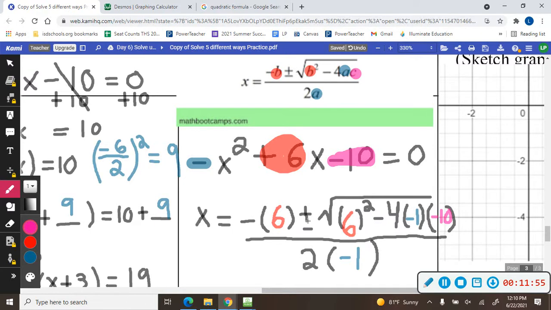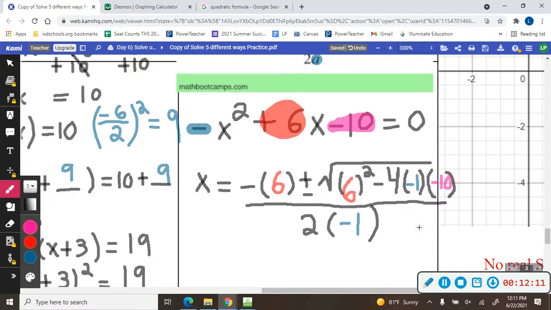Now this part, negative times negative times negative would be negative. 3 negatives make a negative. 6 squared is 36. 4 times 1 times 10 would be 40. So this becomes 36 minus 40, which is -4.